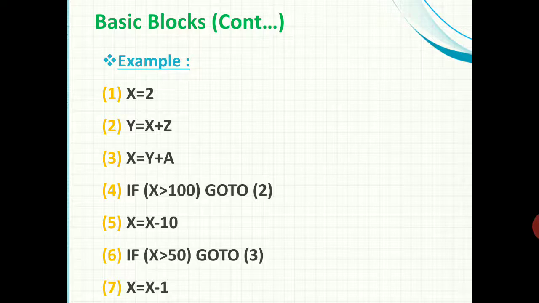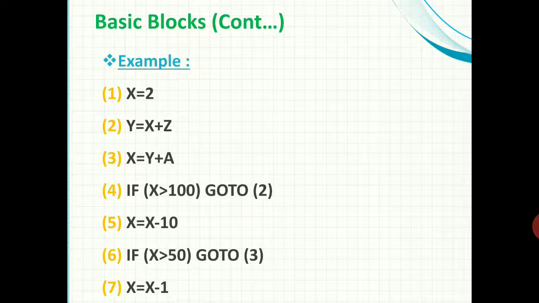So we can't combine the first instruction and the second instruction into one single basic block. That is the identification. Otherwise we can say that if a particular statement is the target of some conditional or unconditional statement, that will be the first statement of a basic block.